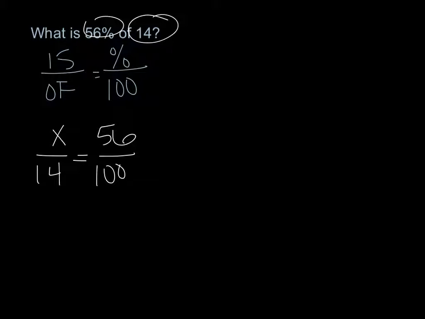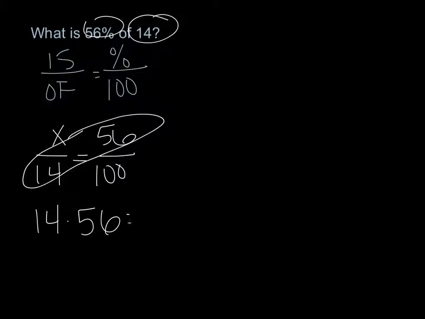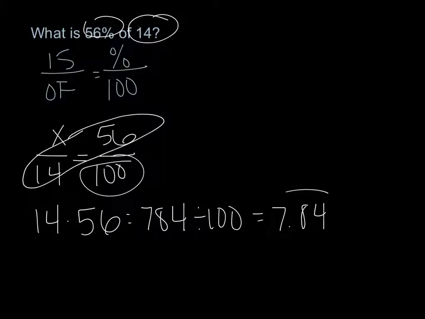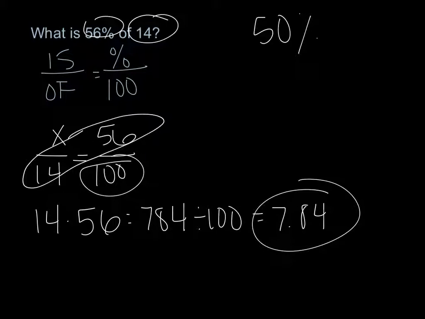And then we cross multiply. 14 times 56 is 784, and then we divide by 100, and you should get 7.84. Now 50% of 14 is 7. 56% is a little bigger than 50, so it makes sense that our number is a little bigger than 7. So we know that we probably did this one right as well.